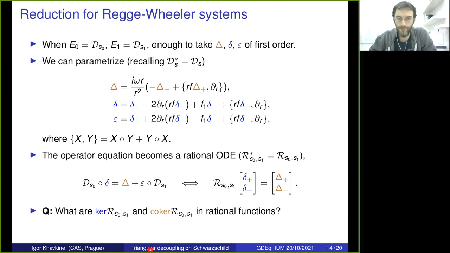Okay, so the question of whether these deltas can be set to 0, or cannot be set to 0 and we need to choose the optimal representatives, is basically to analyze the kernel and the co-kernel of this rational differential operator in rational functions.